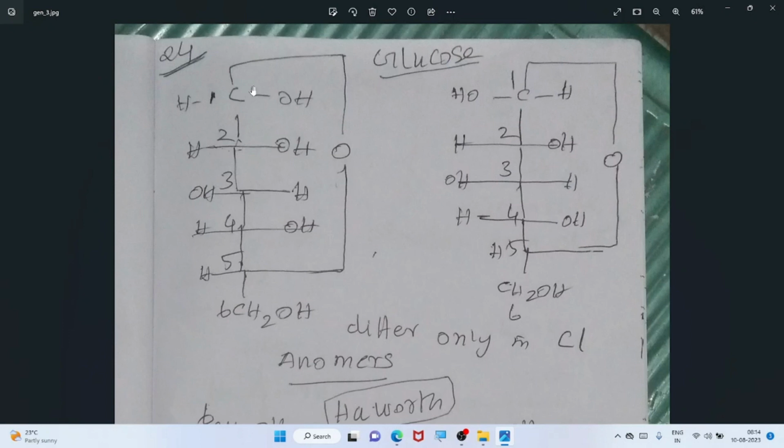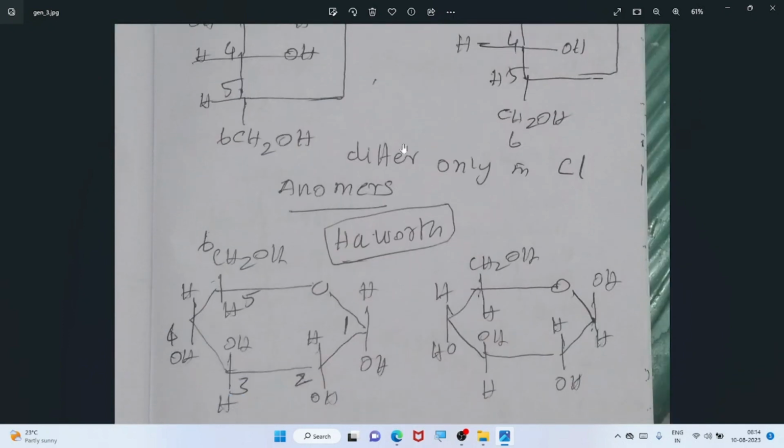At the first carbon, the side of the OH group differs: here right side, here left side. Only this difference, other things are the same. So they differ only at C1, carbon 1. This is called an anomer. This is the glucose structure and these two are anomers.